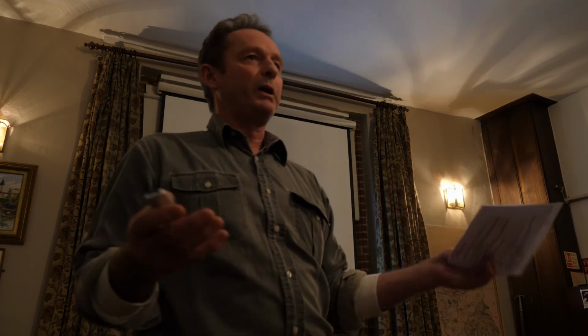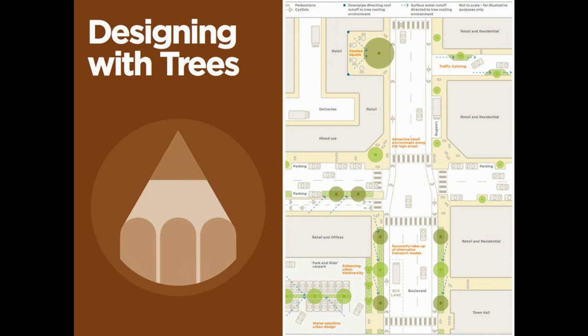So a large canopy tree can create shade and a pleasant area to sit. The street trees perhaps have to be more columnar in their form, and they can deliver all sorts of benefits, some of which, again, Nigel mentioned, that are useful to us in a built environment.